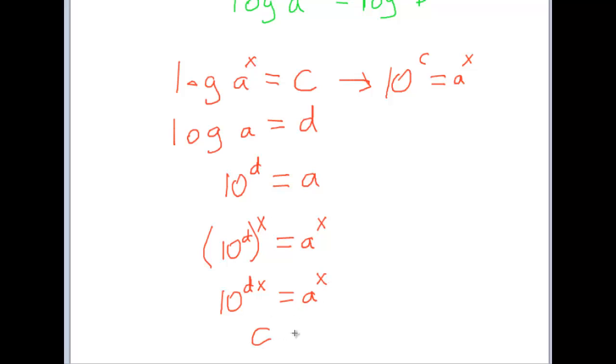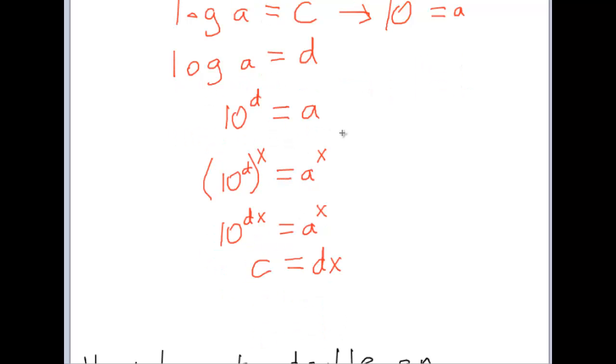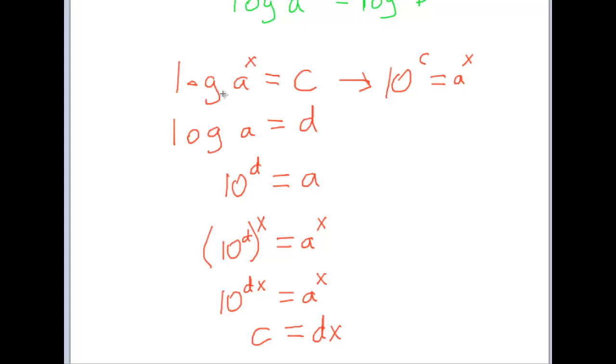So we know that c is equal to dx. Interesting. So if we take this one step further, we can see, okay, c is log of a to the x, d is log of a.